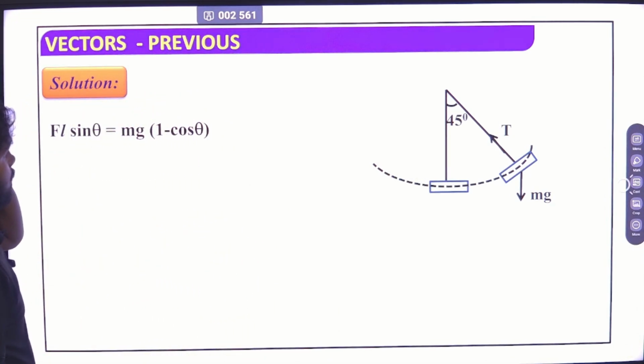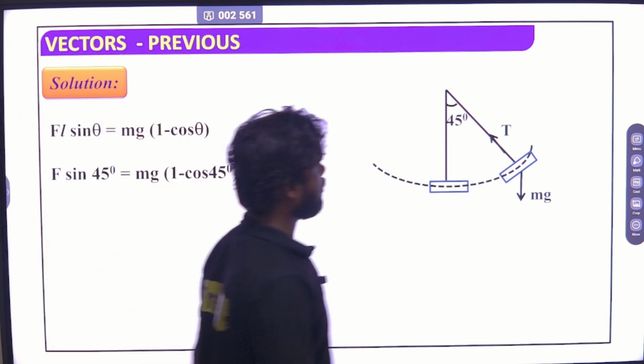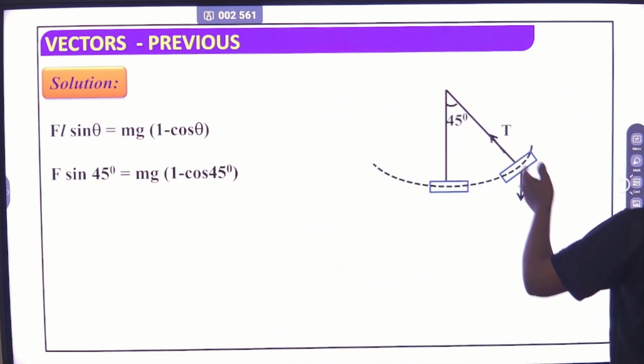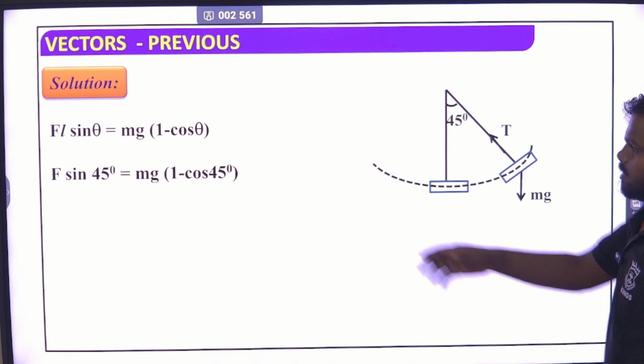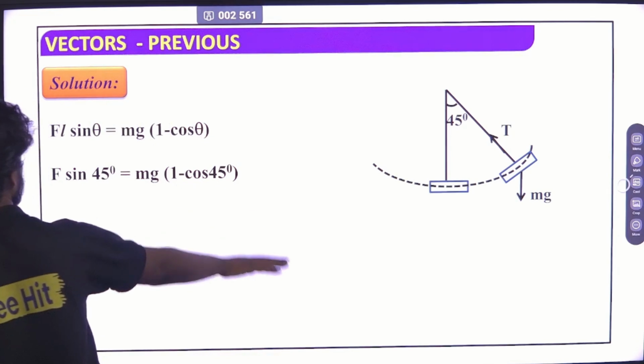Correct, because there is a horizontal force, when we take the components we get this thing only: F sin theta is equal to mg into 1 minus cos theta.